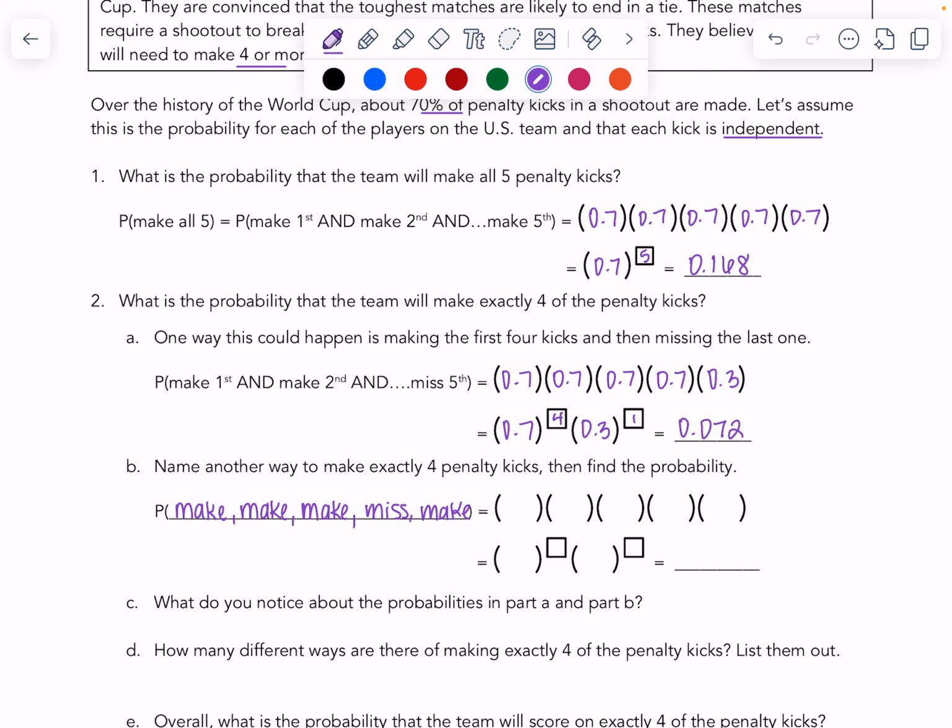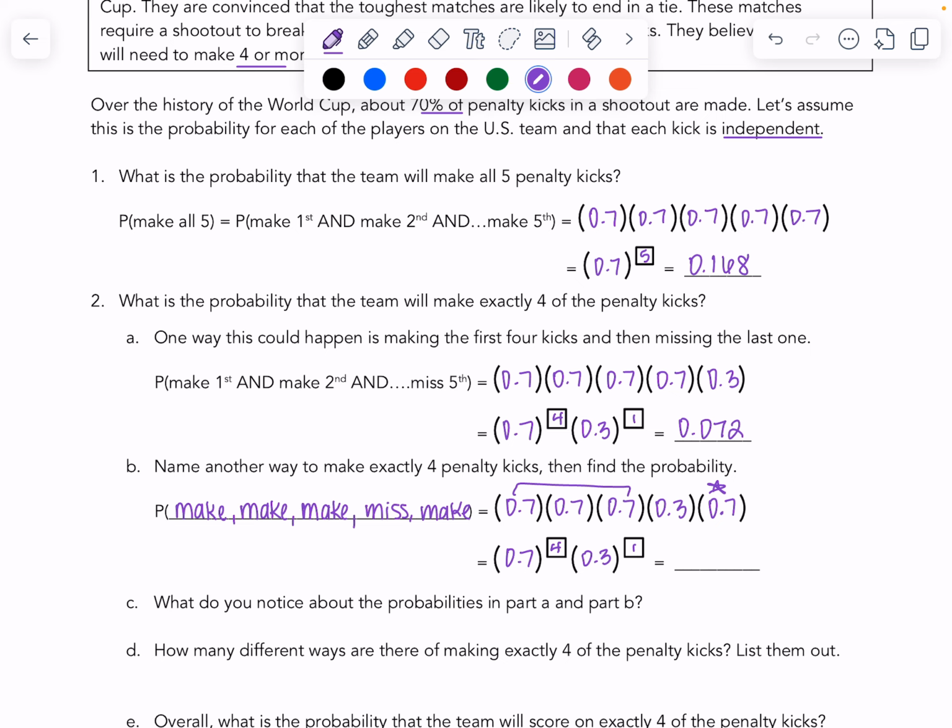In order, this is our first kick, we make that one, we make the second one, we make the third one, but we miss the 4th one, and we make the last one, the 5th kick. If we use our shortened notation, we'll see that we have 4 0.7s again, and only 1 of the 0.3s. That's just a different way of writing this probability using exponents.